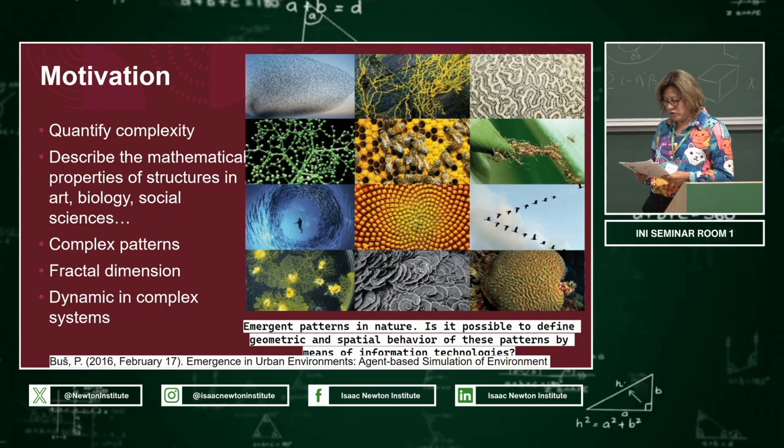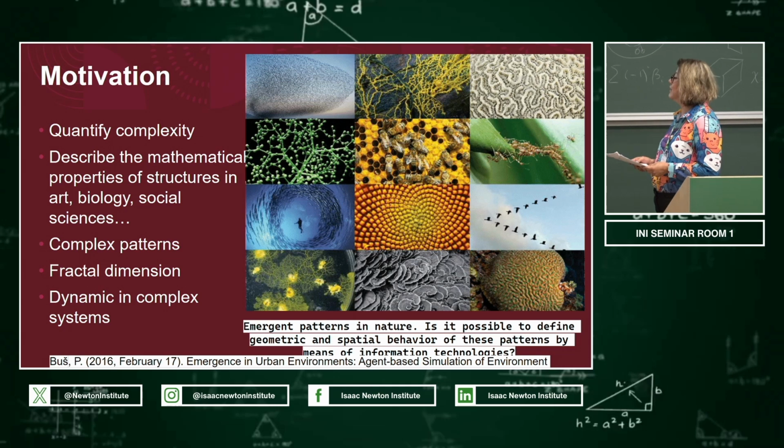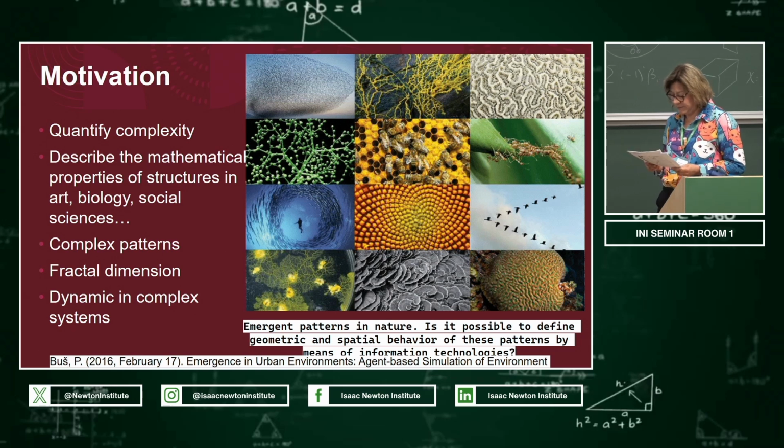The main motivation of studying and measuring complexity in our areas arises from studying nature, understanding mathematically the structural properties, not only in physics, but also in biology and social science. Describing complex patterns, understanding where they come from, and using techniques or tools that, as physicists, we are more or less accustomed to use.